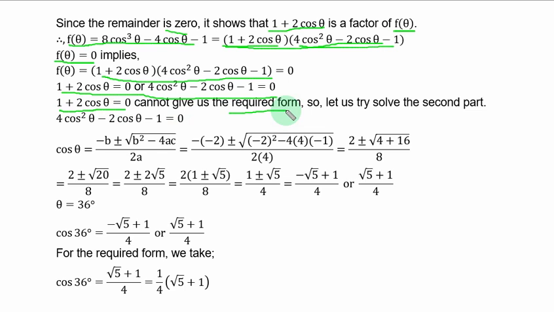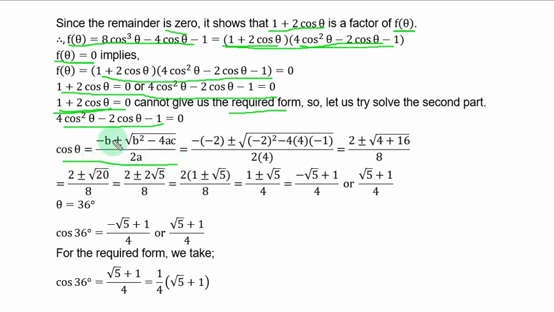You are asked to show that cos 36 degrees is equal to 1 over 4 bracket open root 5 plus 1. We cannot get that from here, so let us consider this. This is quadratic in nature, and let us recall the quadratic formula.